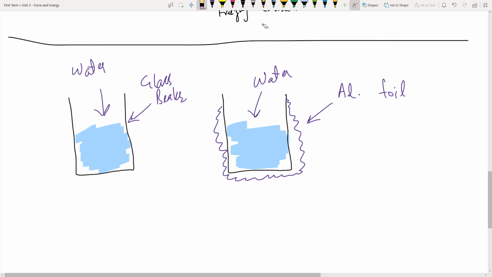Now what will happen if I add boiling water to both these beakers? Now the heat energy from this boiling water will again be reflected around. So if I put an aluminum foil, in terms of heat radiation, the aluminum foil won't let much of the inner heat go out.